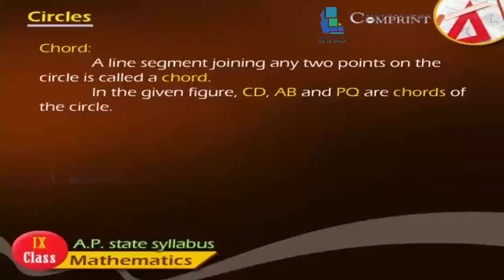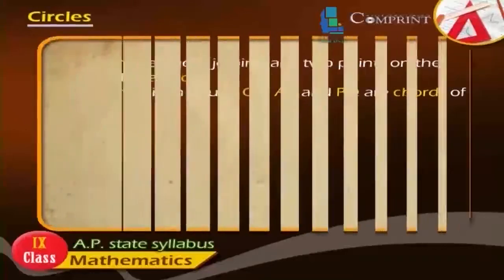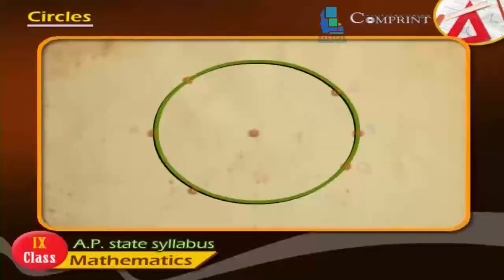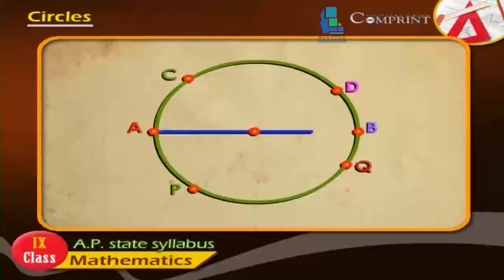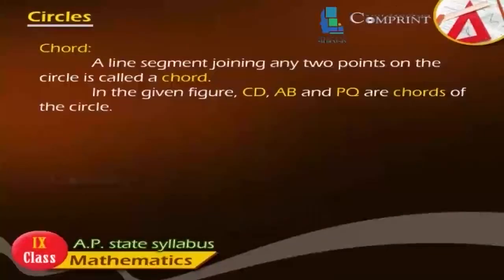Chord. A line segment joining any 2 points on the circle is called a chord. In the given figure, CD, AB and PQ are chords of the circle.